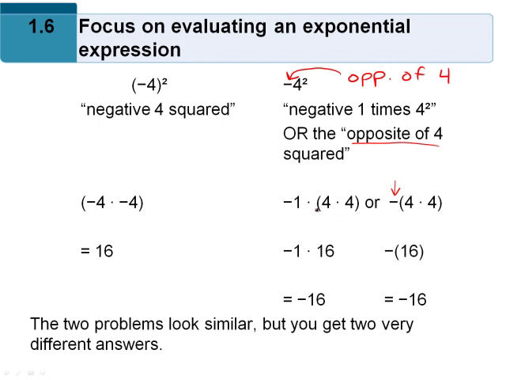One way that you can always get this right is if there are no parentheses around your number with the negative sign there, the answer, not the number that you're multiplying, but the answer is always negative all the time. It doesn't matter what the base is or what the exponent is. If there are no parentheses with an exponent and a negative sign like this, the answer is always negative all the time, no matter what.